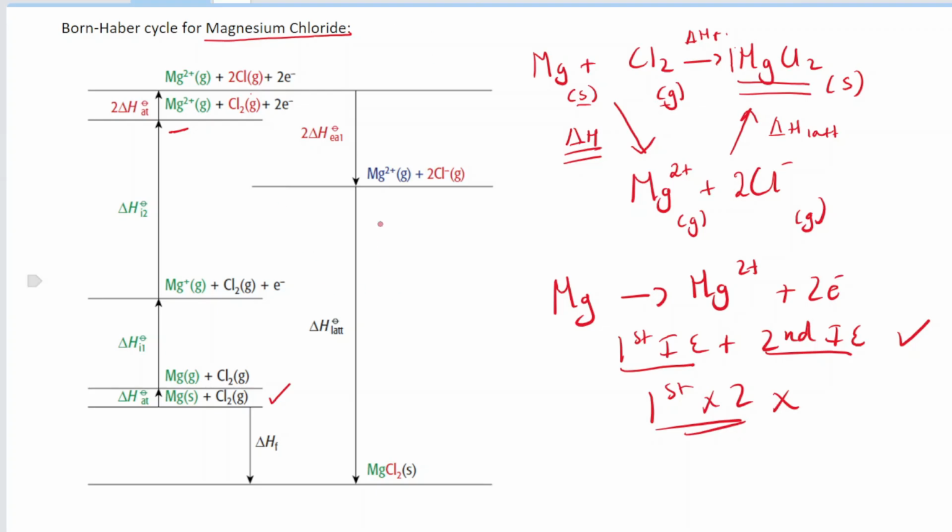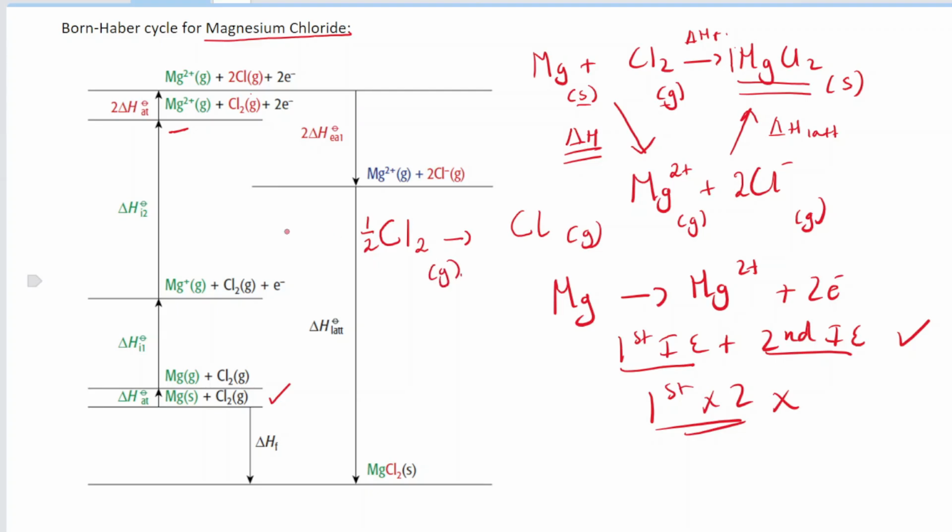But the thing is, we have to balance this here. If you have Cl2 and you want to form a chlorine atom, Cl, you can keep half Cl2 over here, and it's going to work. And this is the normal atomization that we know.